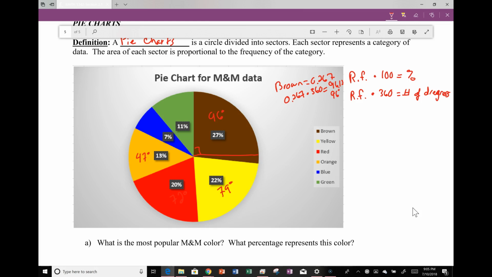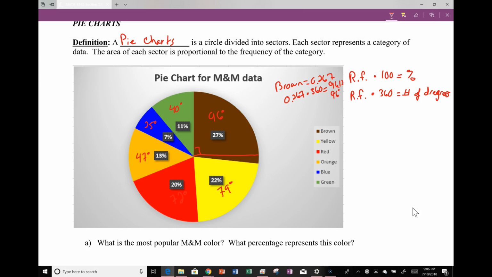This one, the blue, is 25 degrees. And the green is 40 degrees. And so I could actually get a protractor and draw it out. There are different ways on computers to help us draw it out.